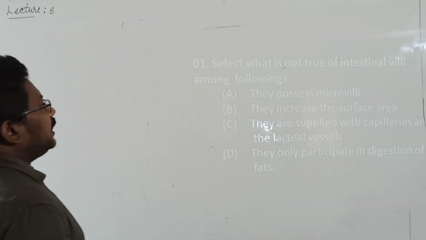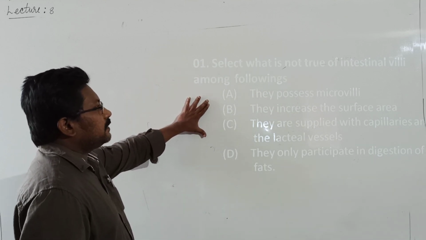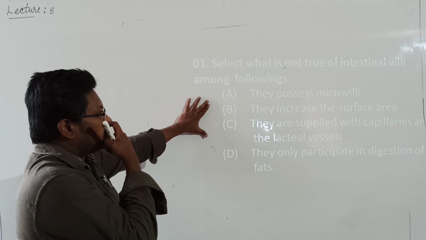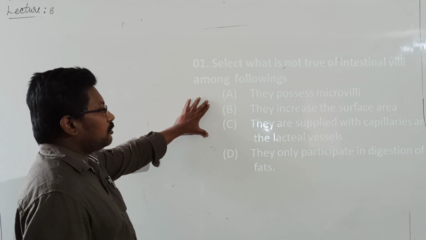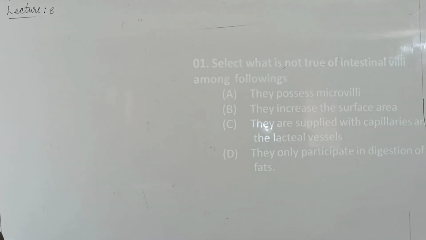Okay, so we need to see which is not true of intestinal villi. The first option, they possess microvilli; they increase the surface area; they are supplied with the capillaries and the lacteal vessels; they only participate in the digestion of fats.